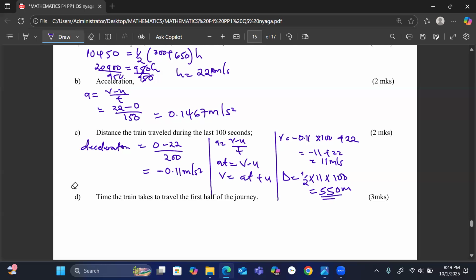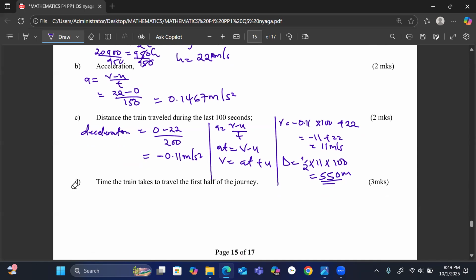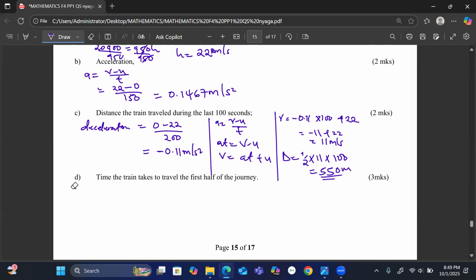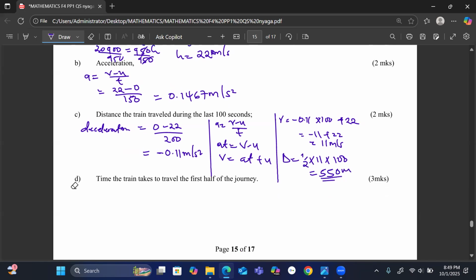Then lastly, the last part of it: the time the train takes to travel the first half of the journey. So we are looking now for the half journey.